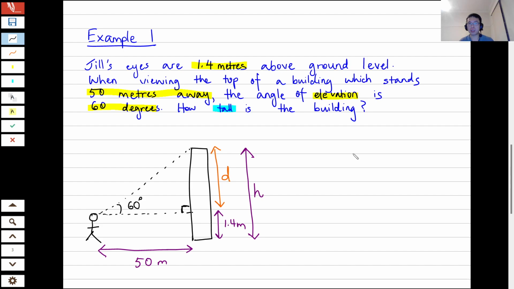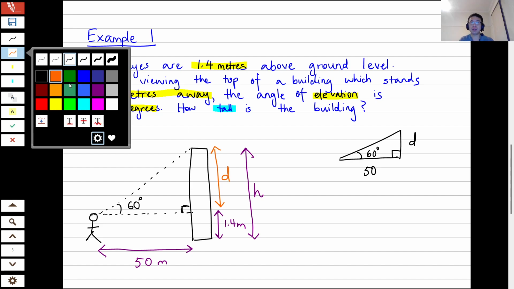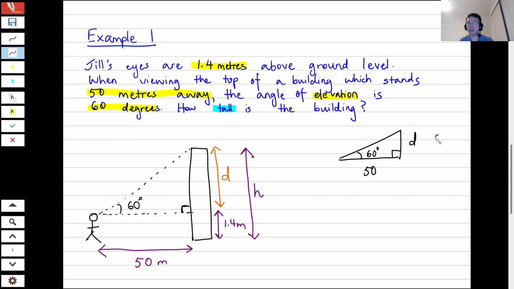So here's my right angled triangle. You don't have to draw it, but I've got d, I've got 50 meters, and I've got 60 degrees. And I've got a situation where I have O and A, so the trigonometric ratio I should use is tan. Tan of 60 equals d divided by 50, or opposite over adjacent. But I'm not going to write that now because you've got plenty of experience with trigonometry.